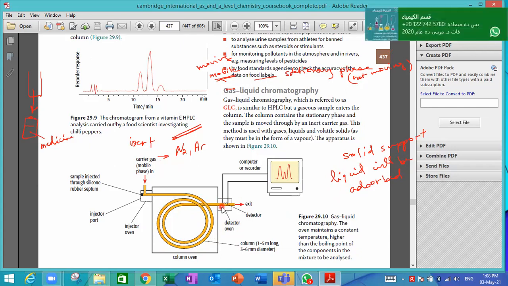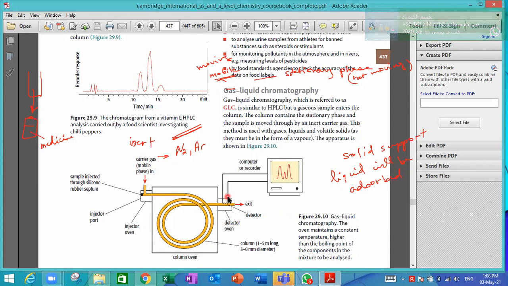This is the place where the detector is placed. This is the detector oven, and the detector will measure the retention time, the time required from the starting of the injection of our sample till the time where each component comes out in the detector.